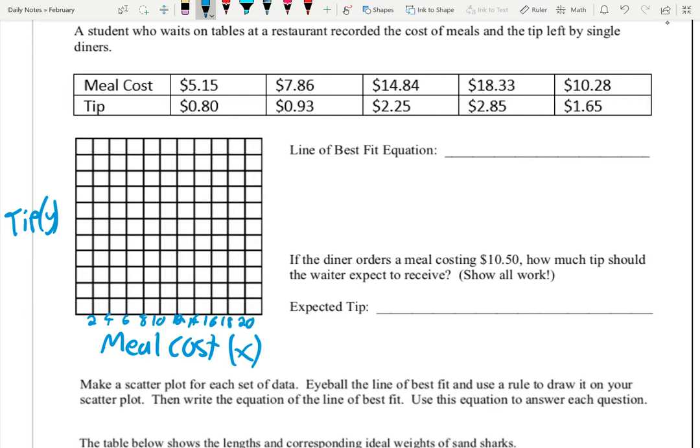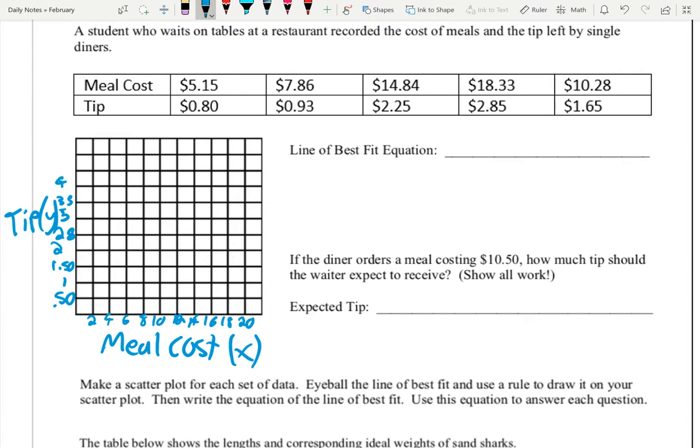And for tips, I'm going from 80 cents up to about $3. So let's do it by 50 cents. 50 cents, $1, $1.50, $2, $2.50, and $3. This would be $3.50 and $4, but we don't need to go that high.